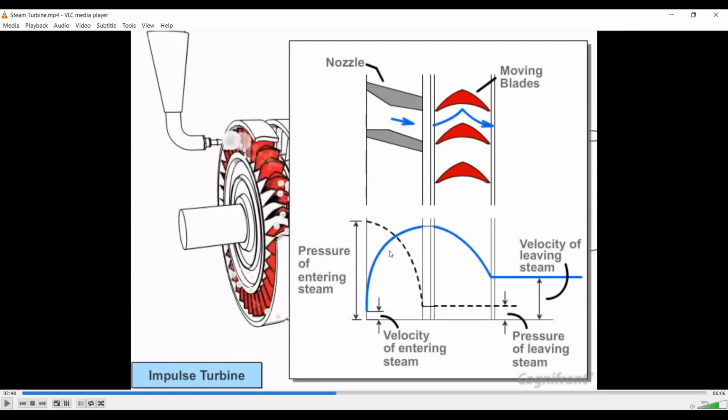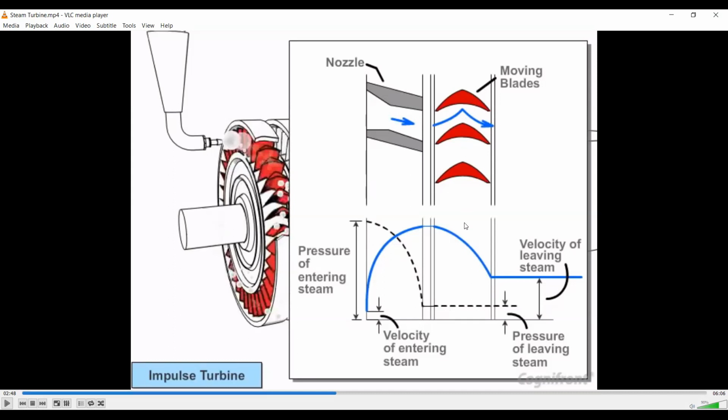In the nozzle stage the pressure decreases, and when the steam flows over the blades, the pressure remains constant. This is the curve for the pressure.